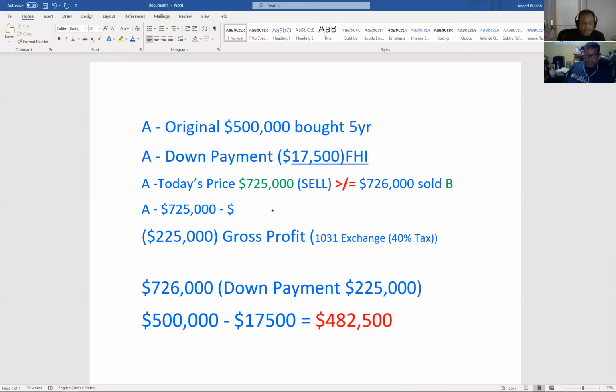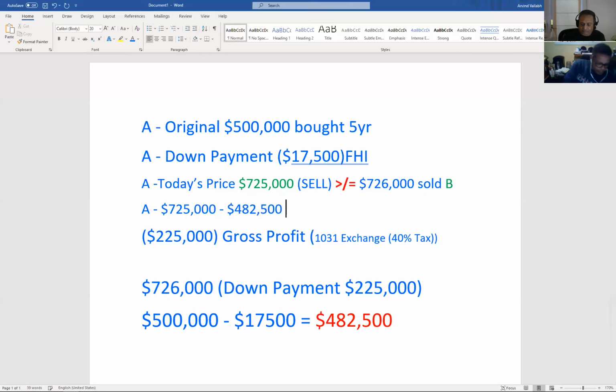Escrow is going to take care of all this. Escrow will call A's bank and say, by the way, how much does A owe on the property if he has to pay the property off today? It's called the demand notice.